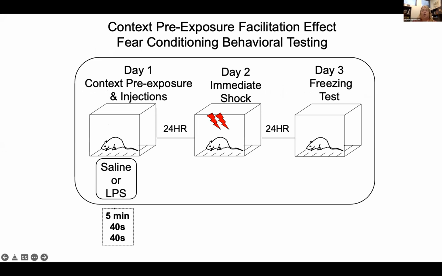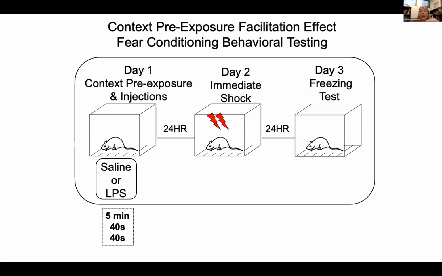They get to explore for, at first, 5 minutes, and then get taken back to their home cage for 40 seconds and return to the fear conditioning room and are in the box for 40 seconds. And that's repeated one more time. So they get a total of 3 exposures for a total of 6 minutes and 20 seconds.